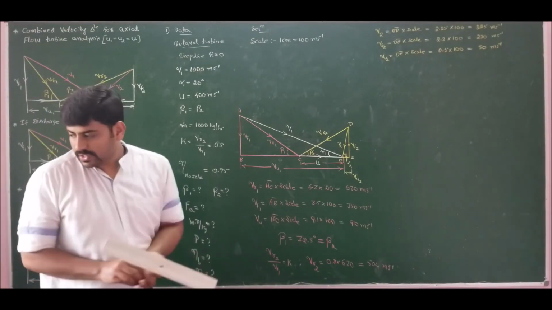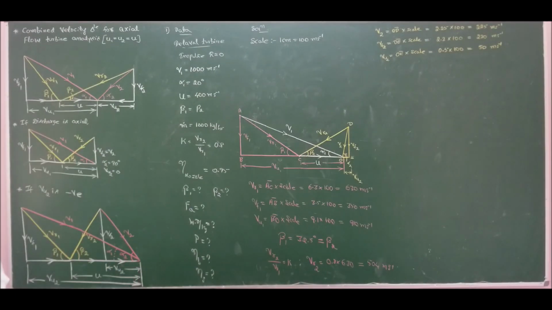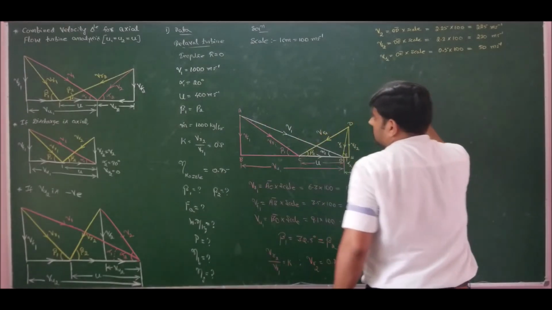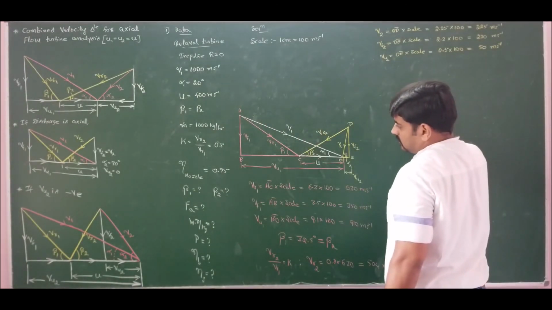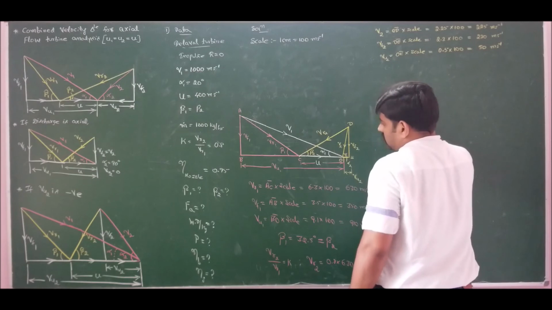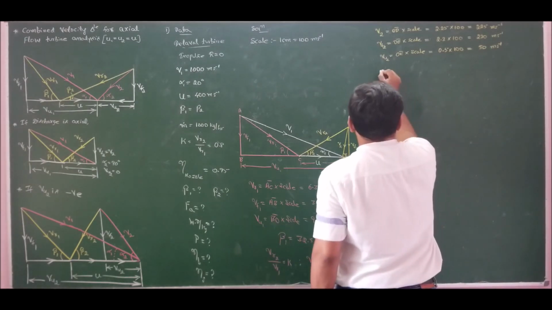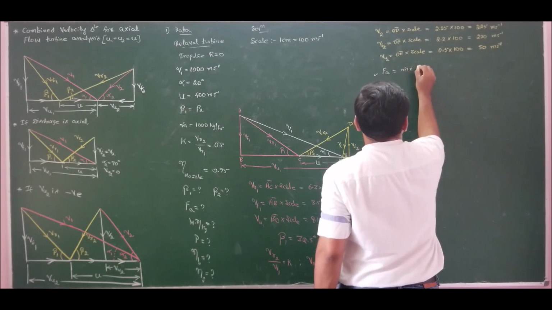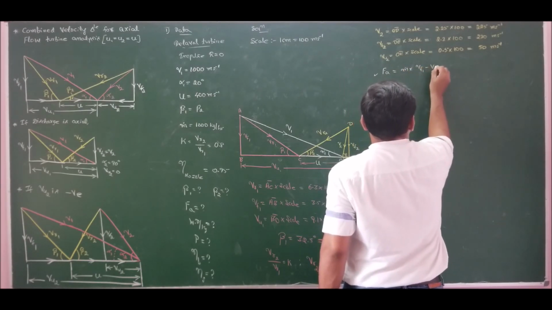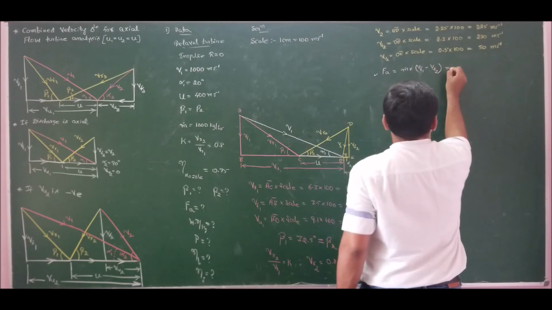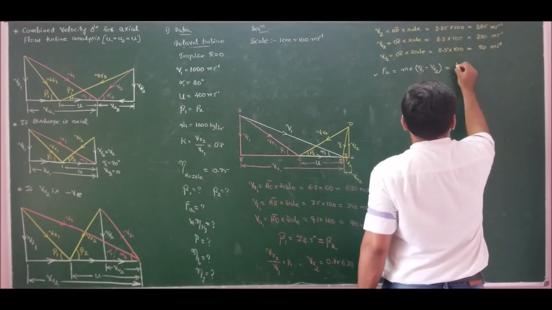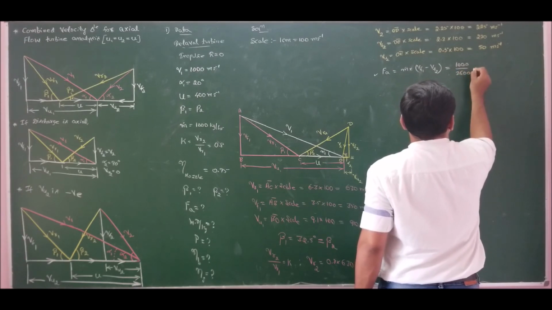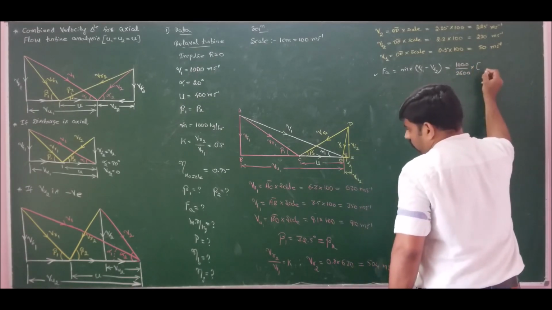So solving one by one, the first parameter is axial thrust. Axial thrust is given by m dot into Vf1 minus Vf2. M dot is given as 1000 kg per hour, so therefore it is 1000 by 3600 into Vf1.